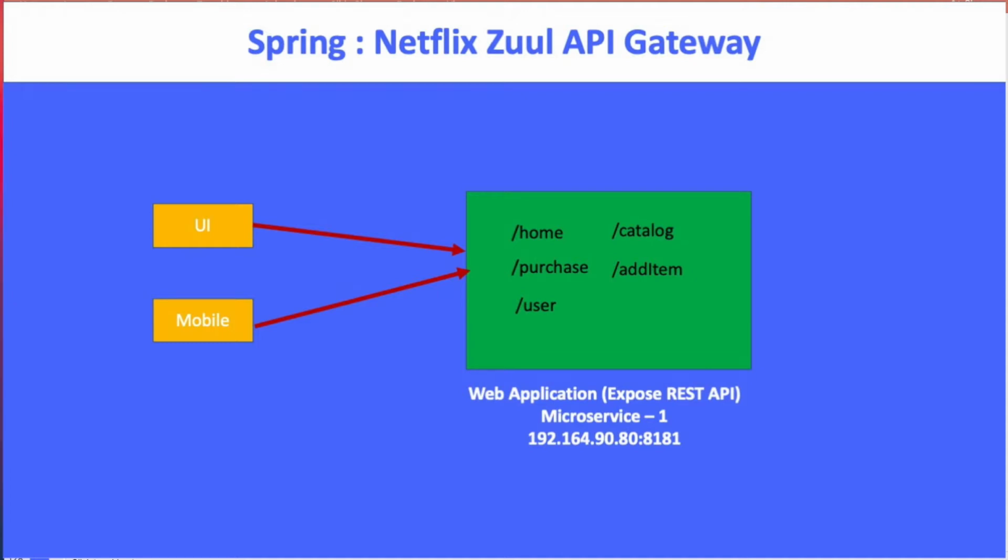So if UI wants to show some data or do an operation, they will call this API, right? To call this microservice, they need the IP address, with the IP address they need the port, and then they need the request mapping, right? The backslash home or the catalog or the add item, right?